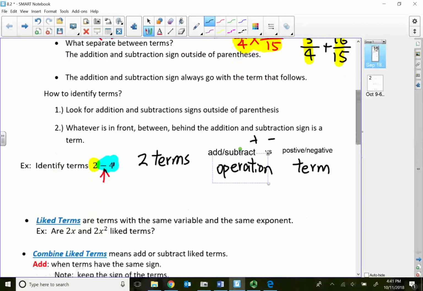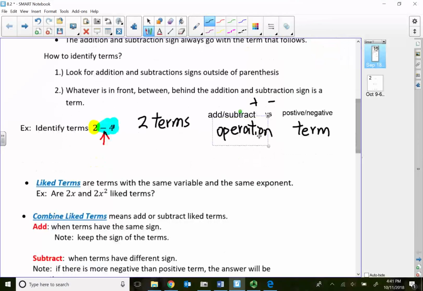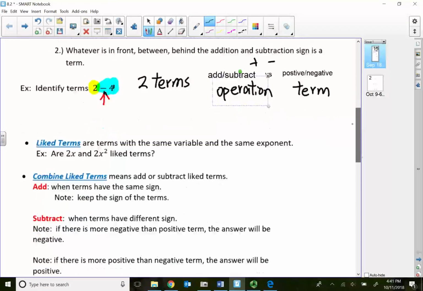So when I'm ready to combine them, then I'm going to say addition or subtraction. It's the same symbol, 2 sets of wording, which means our view about our terms changes. One of them is doing an operation, one of them is looking at them as positive or negative terms. Everything we do in algebra is dictated by how many terms the problem has.